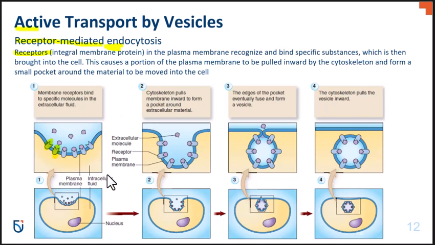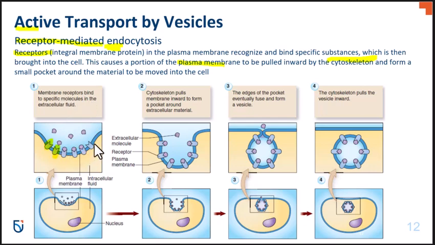If it is something that we want to bring in the cell, then the process of endocytosis occurs, and it's the cytoskeleton that actually contributes to the movement of that plasma membrane inward to form that vesicle or container or pocket to bring the contents in the cell. So this is a bit of a review from what we've been speaking about, but let's go through this step by step.